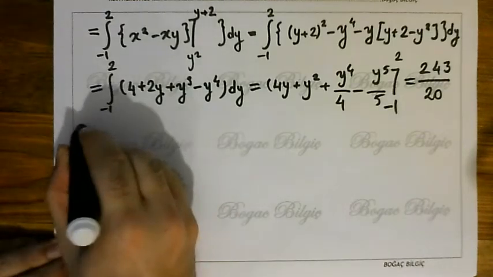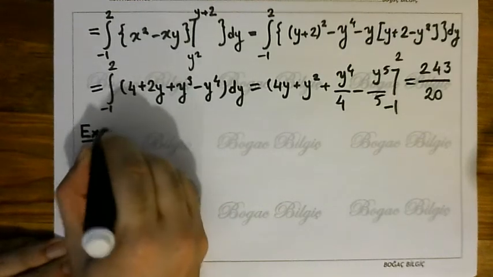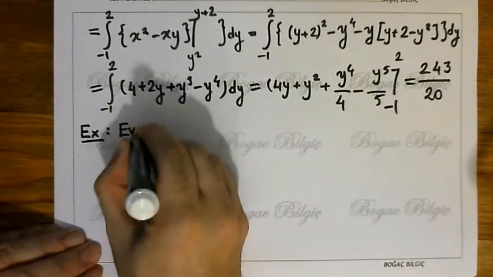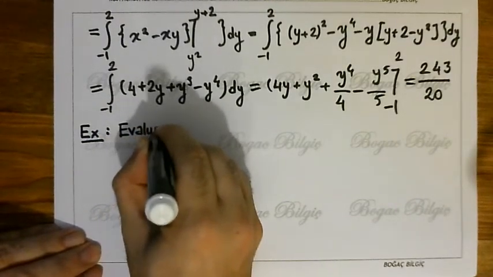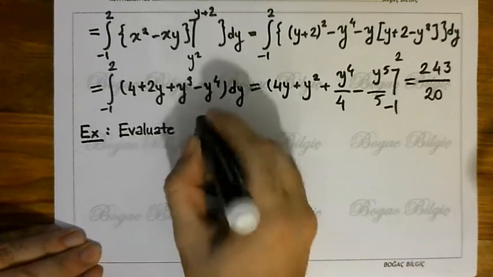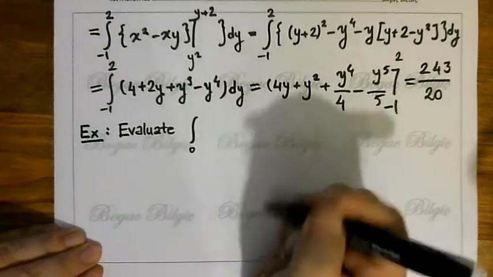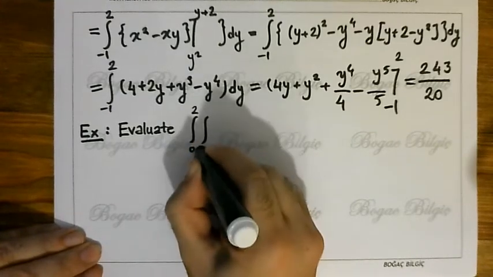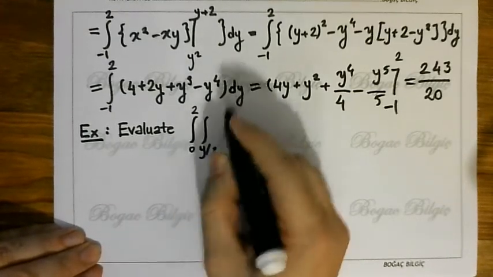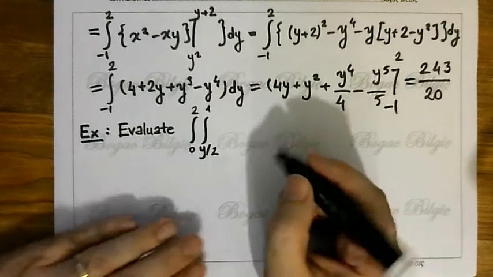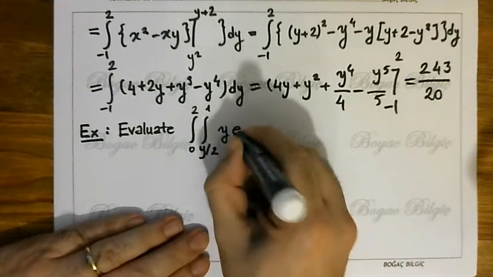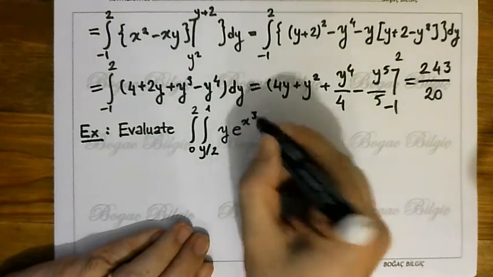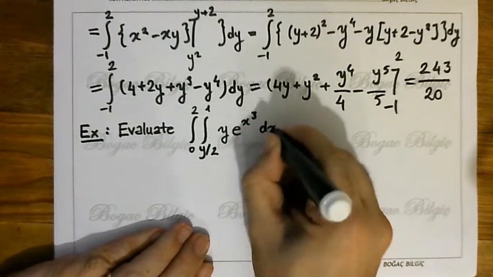Example: evaluate the integral from 0 to 2, from y/2 to 1, of y e^(x^3) dx dy.